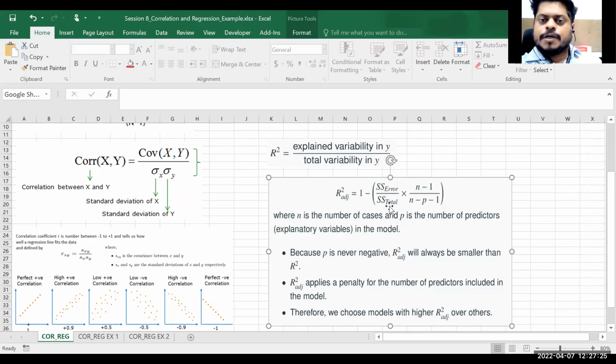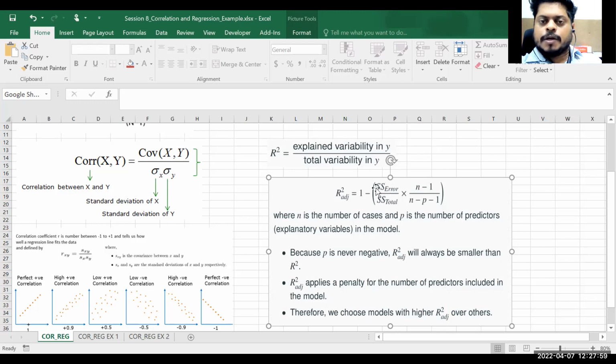SS total will remain the same, but my SS error will decrease if the predictor I'm adding is a good predictor for my dependent variable. My prediction error, or explainability error, will decrease. So this ratio will decrease. Earlier it was 0.5. It will come down to 0.3 or 0.2.